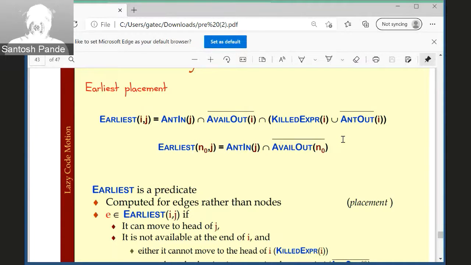It is not available at the output of I. It is anticipatable in J, which is the successor block, and which is either killed in the I block, that means we cannot move above that, or if I put it at the outskirts of I block, it is not anticipatable. So that you can see is the nice composite condition which defines the earliestness.